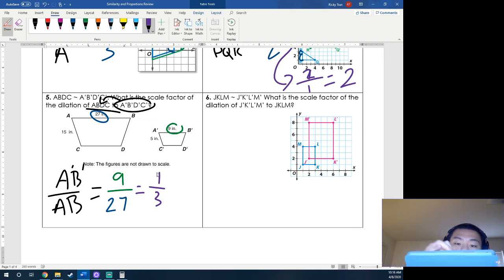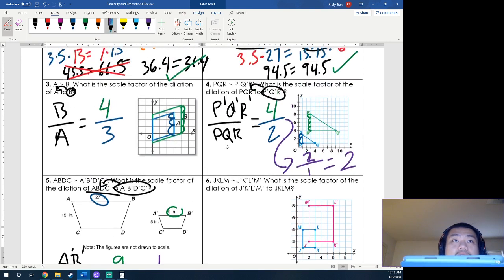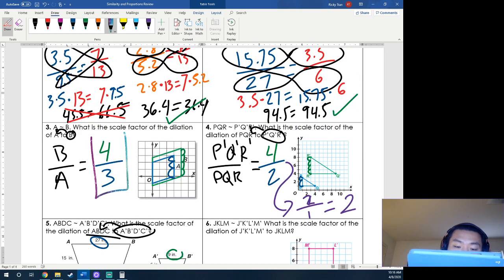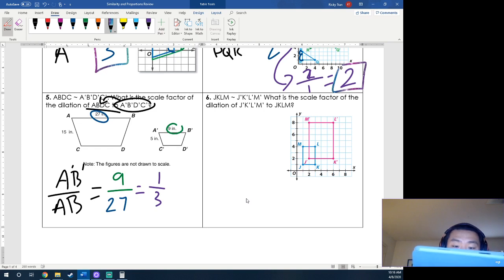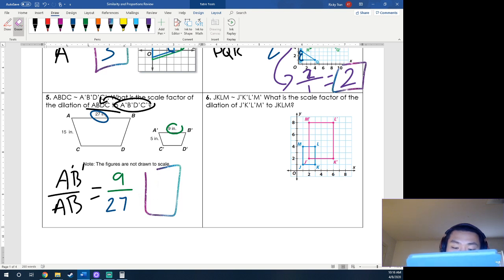All right, and we'll go back here and just circle stuff or show answers. This is your scale factor. Let me just color it brighter. There we go. All right.